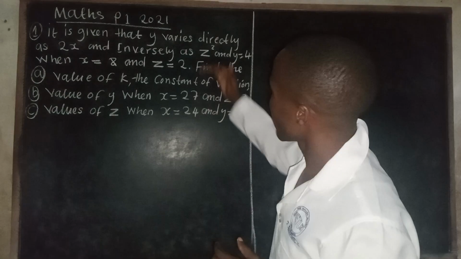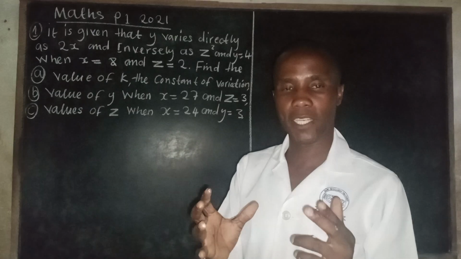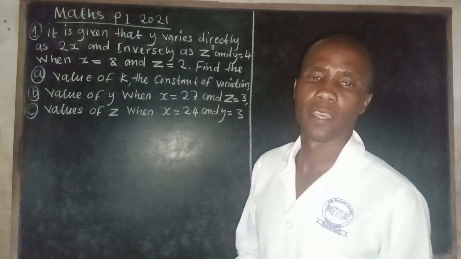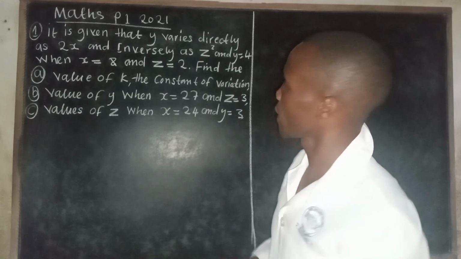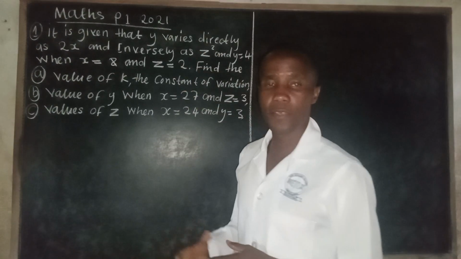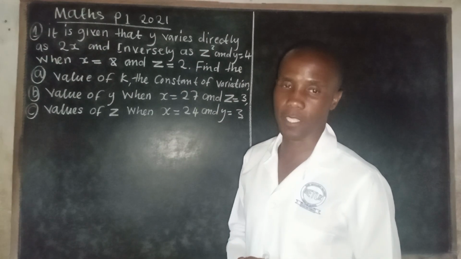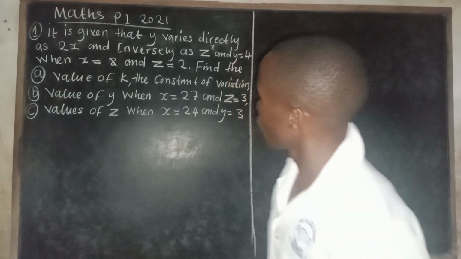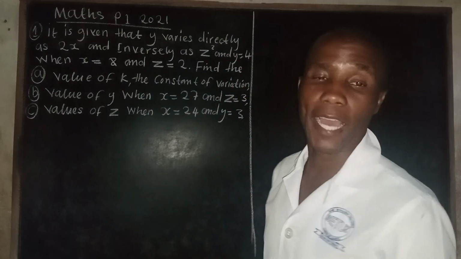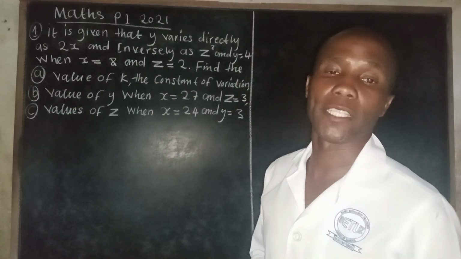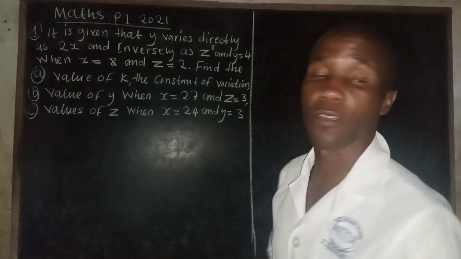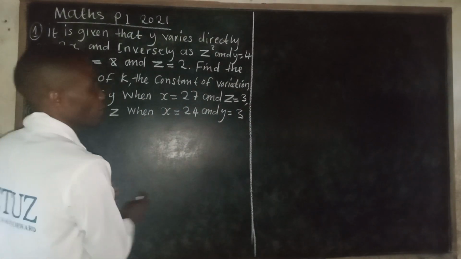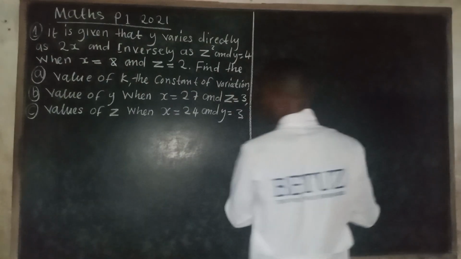Without knowing the type of question, it is going to be very impossible for you to answer these questions accurately. So now, let's go direct to how we can answer this particular question that we are given on the chalkboard. Solution. Let me use the other part of the board.